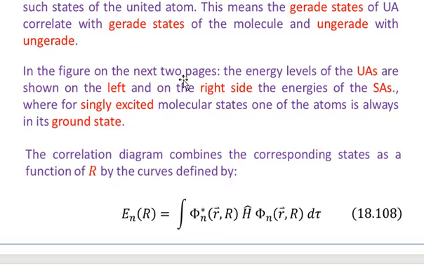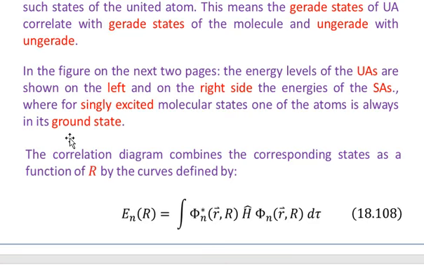In the figure on the next two pages, energy levels of the united atoms are shown on the left and the energies of the separated atoms on the right, where for the singly ionized molecule states one of the atoms is always in its ground state.